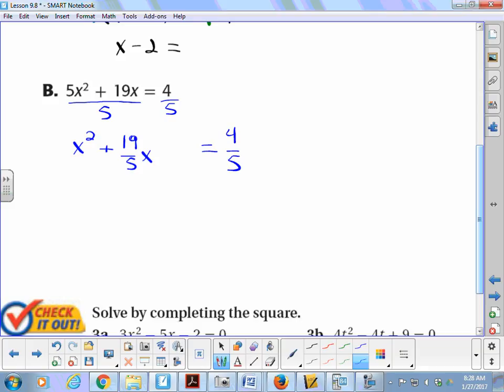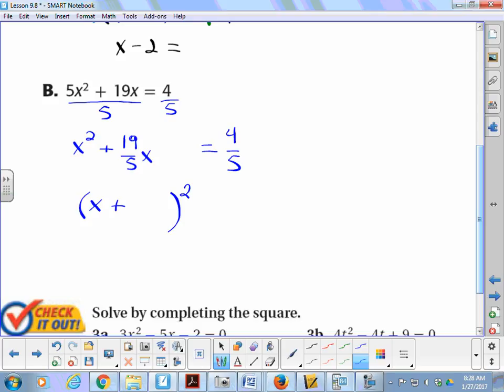All right, so now when I go to put it in the binomial squared, we're doing half of 19/5. And the easiest way to do it, half of a fraction is just doubling the denominator. Okay? So half of 19 over 5 would be 19 over 10.